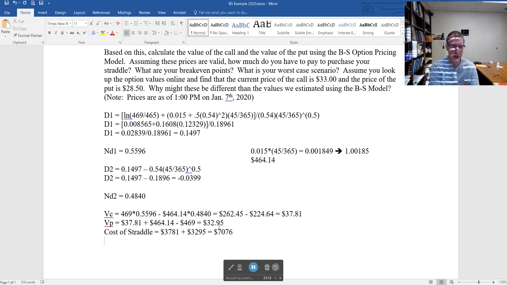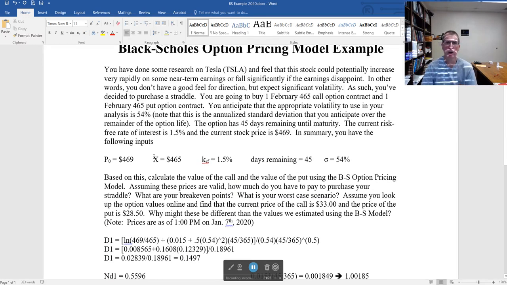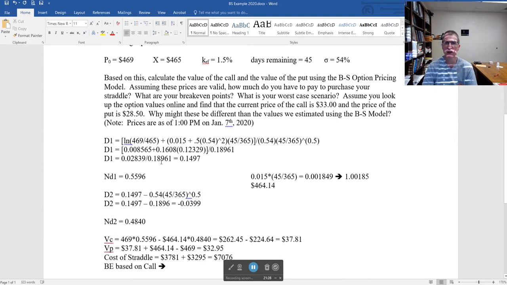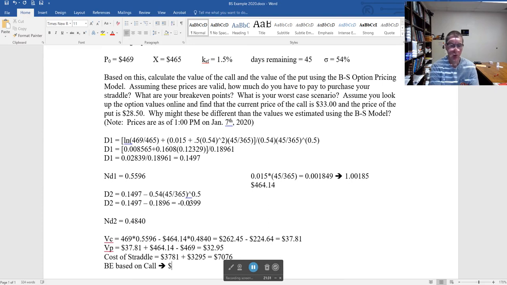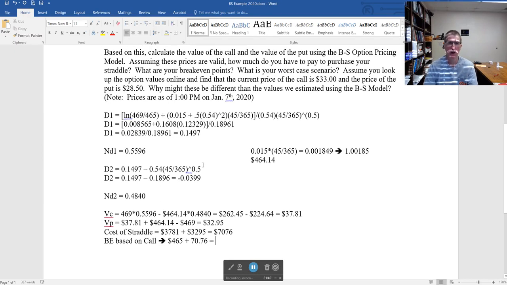So our break-even points, based on the call, our call price is going to be able to be exercised at $465. So it needs to go up by $70.76 in order for us to make a profit on this. Which means the stock price is going to have to hit $535.76 in order for that to work.